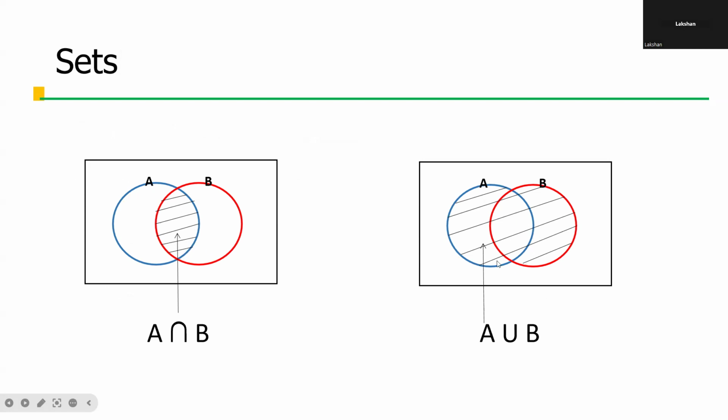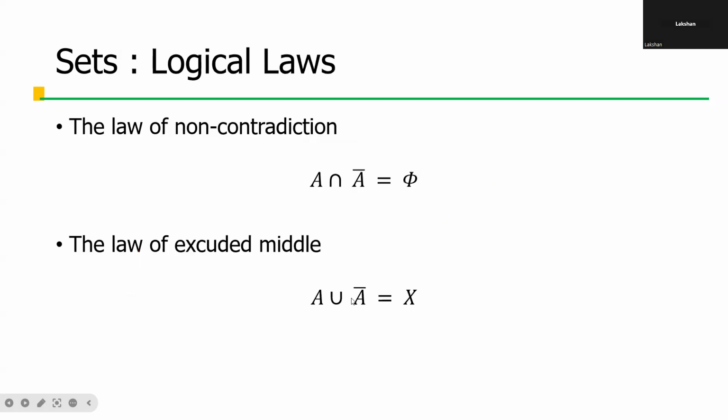The union shows all elements that belong to either of these two subsets, denoted by this notation. That is one of the most important concepts.